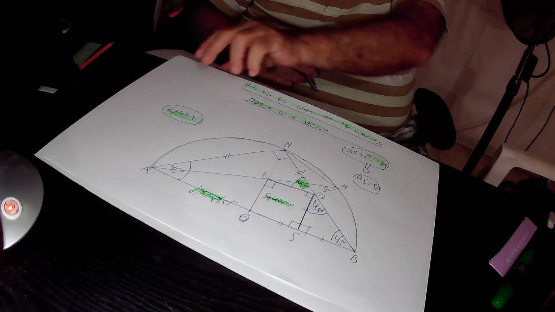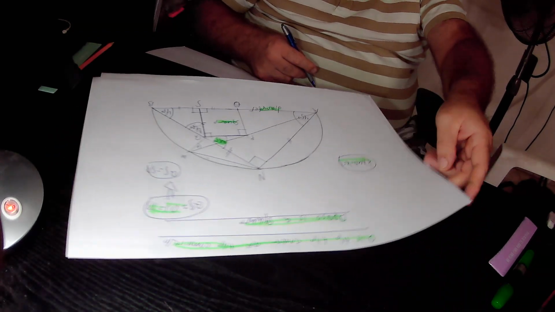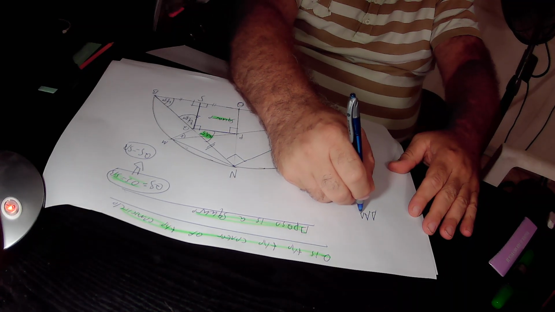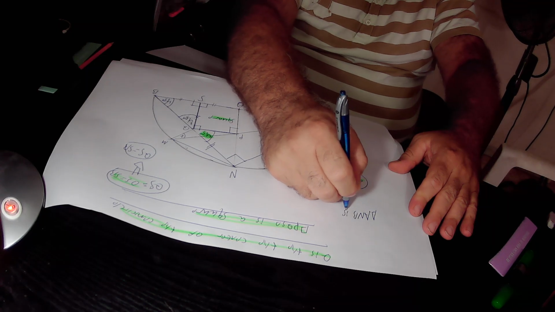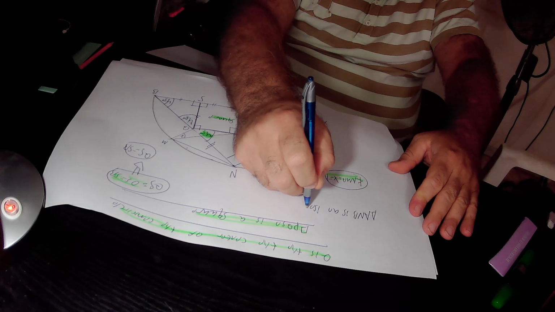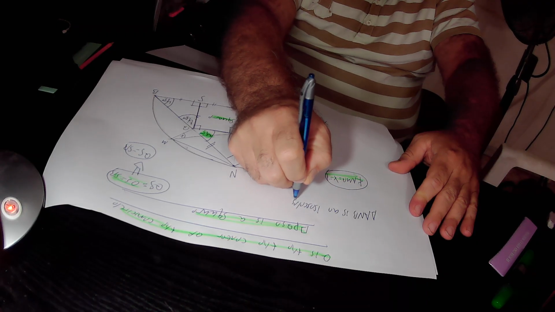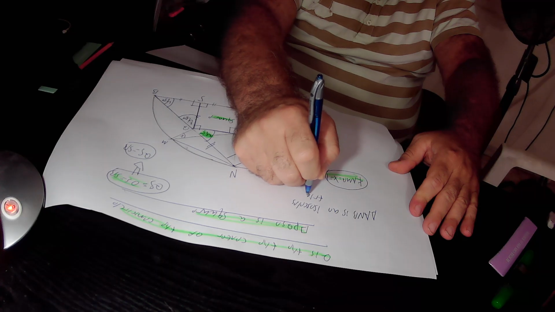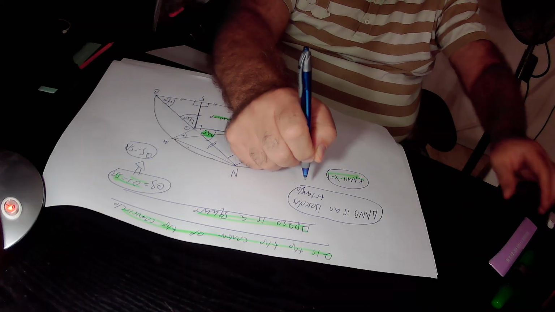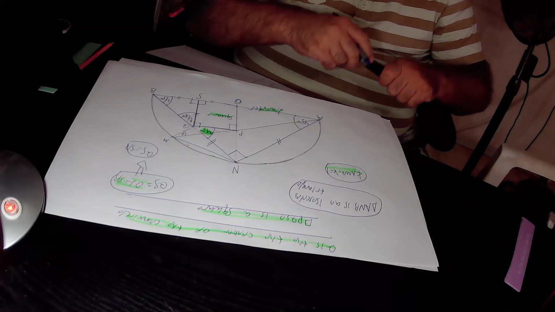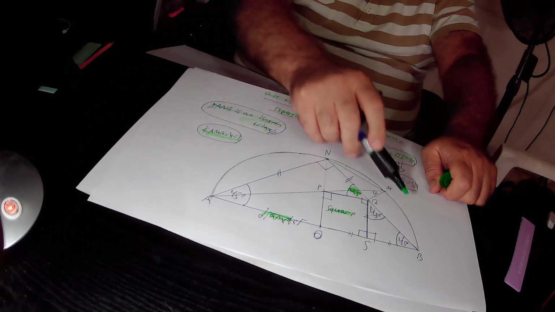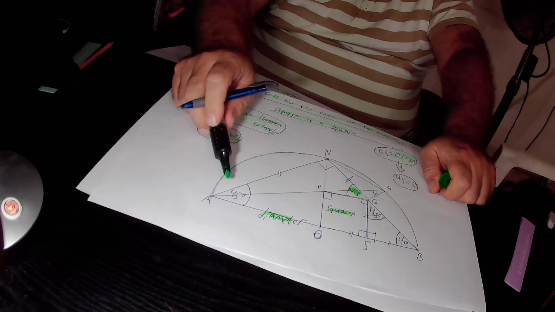So right now, we found out that triangle ANB is an isosceles triangle. In the isosceles triangle ANB, AB is the base of the isosceles triangle.